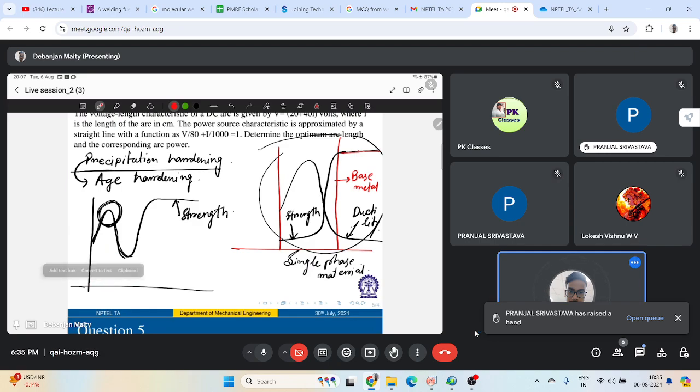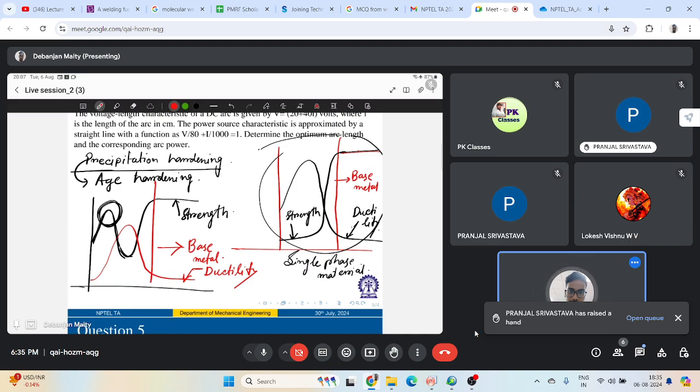My ductility will look something like this. Over here, this is my base metal, right? Okay. So this is very brief on weld microstructures.